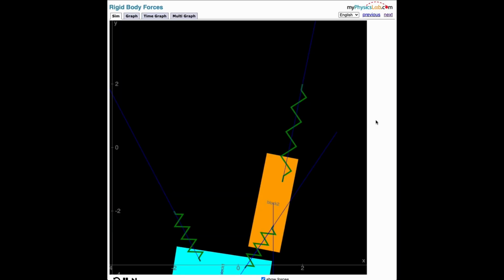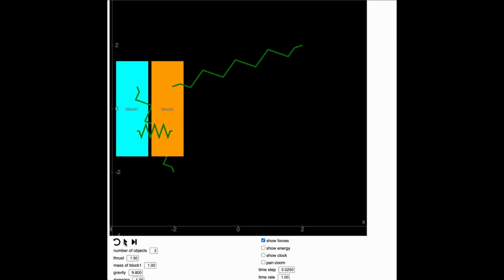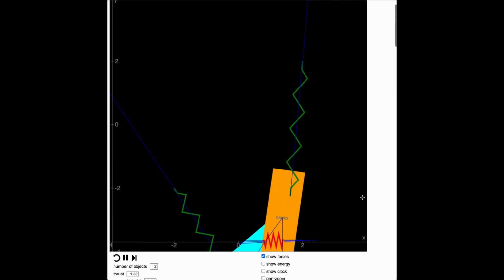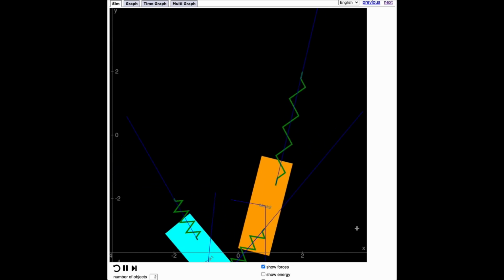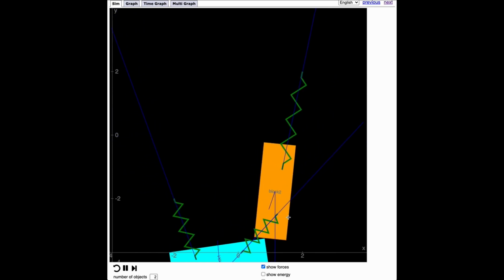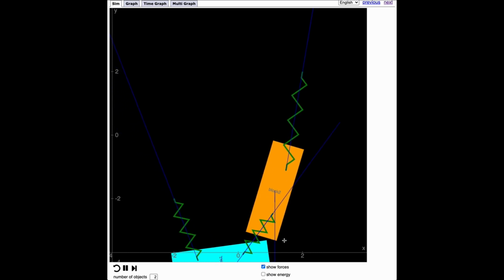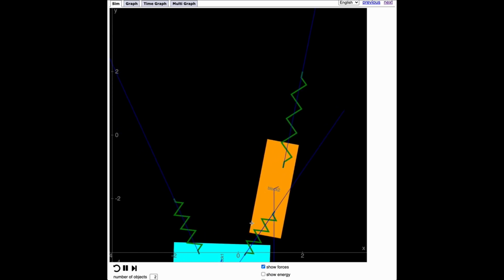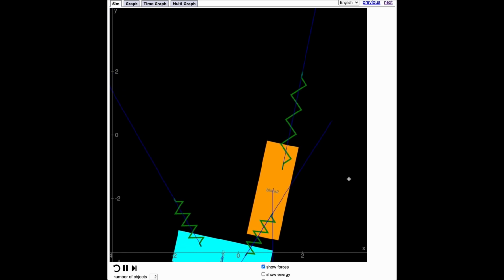Now let's go back to an example in my physics lab. Here with just two objects, we can tell that there's a lot of forces going on. There are spring forces going in every which direction, there's gravity going down, and there's some damping force that's acting as a stand-in for friction or air resistance or whatnot.